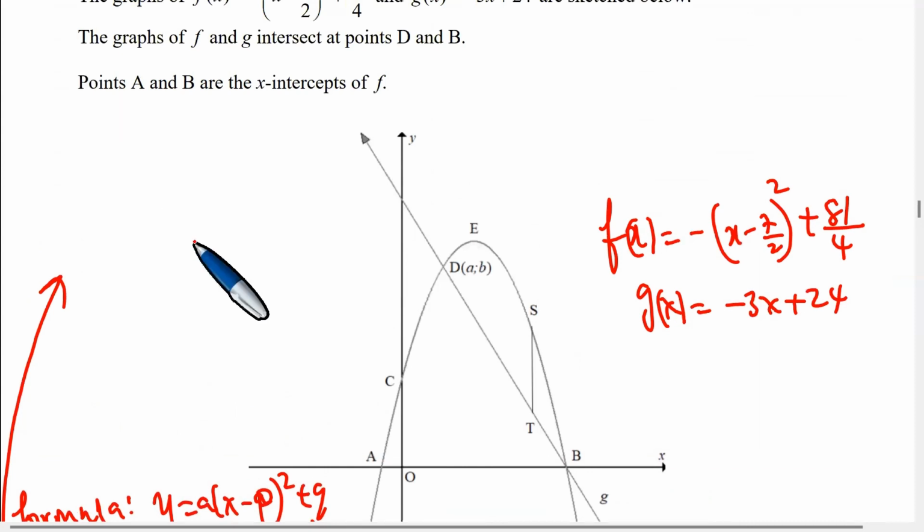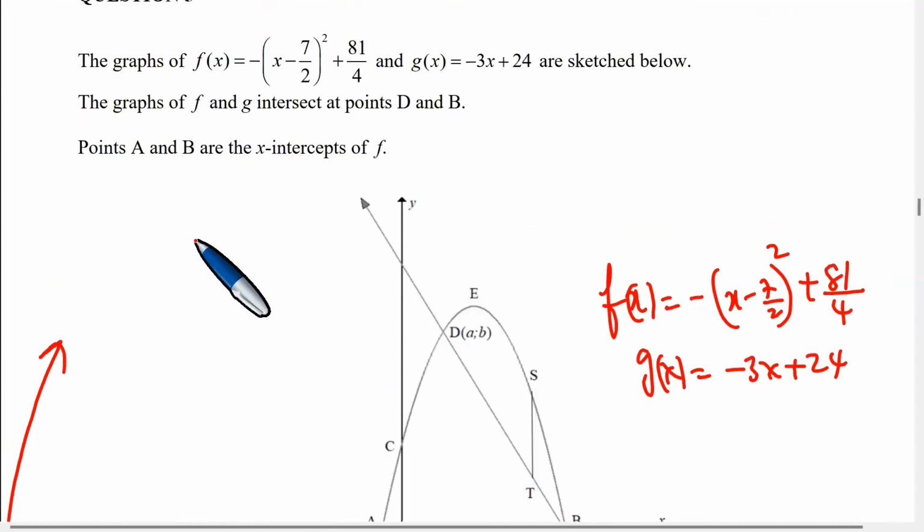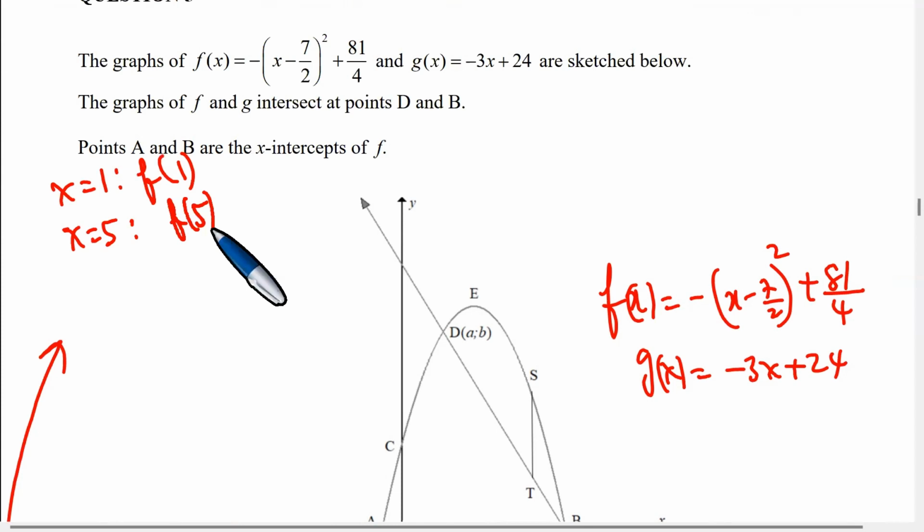To find the average gradient, you must say x equals 1, x equals 5. You must find f of 1, and then you must find f of 5. If you make x equal to 1 here, use your calculator: minus, then 1 minus 7 over 2, squared, plus 81 over 4.